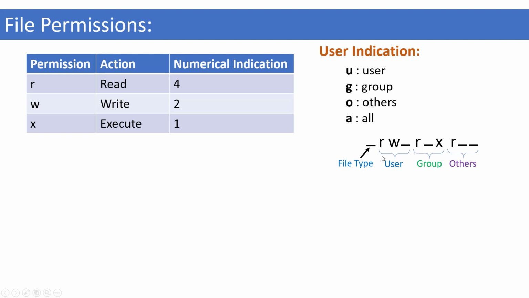The user has read and write permissions, no executable permission. In the group section we are seeing read and executable permission, no write permission. But in the others section we are only seeing R, which means read permission, no write permission and no executable permission. This is how we can understand the permissions section for any file or directory.